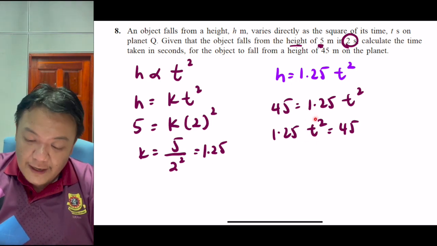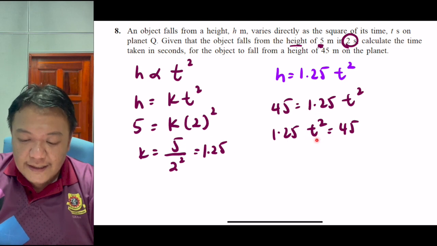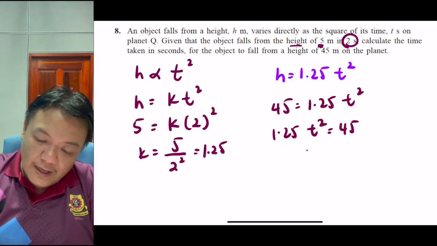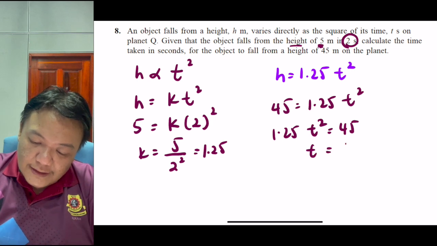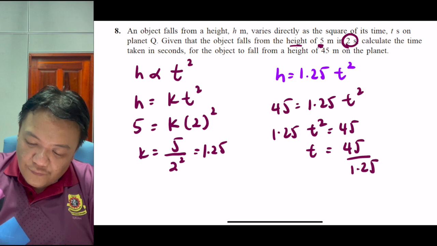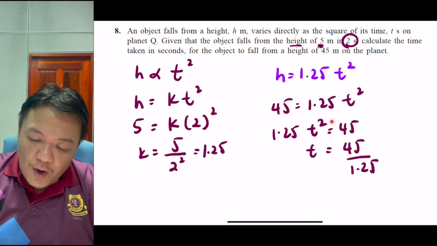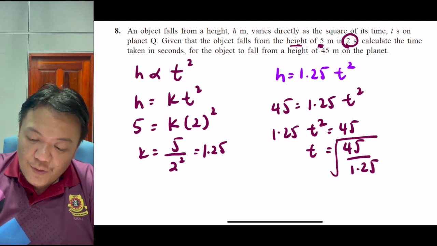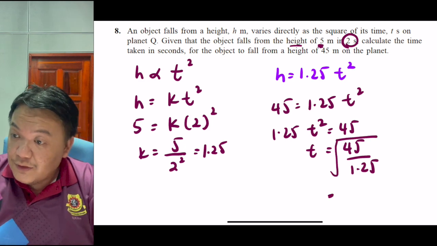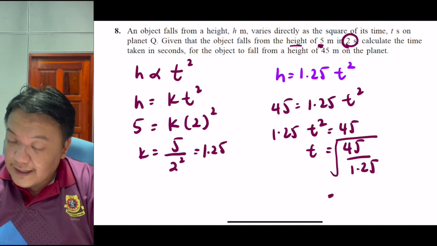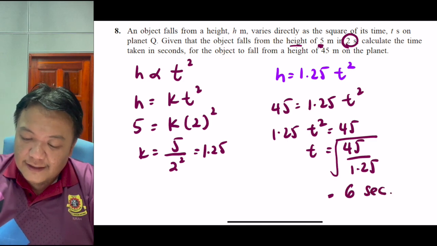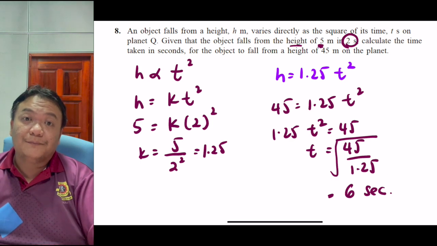Usually if you want to find t, please make sure the t is on your left hand side. So t square is equals to 45 divided by 1.25, and then square, if you move to the other side, it will become square root. Okay, so just press your calculator, you will get 6 seconds.